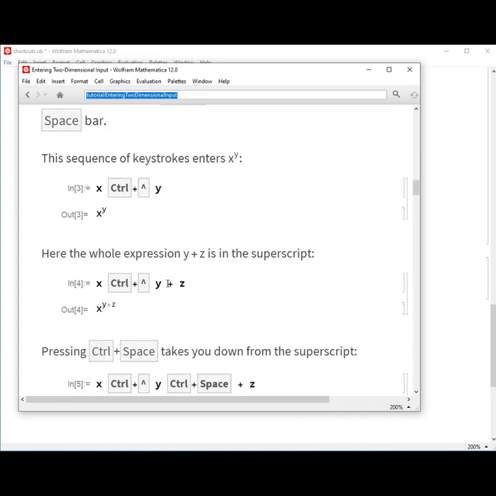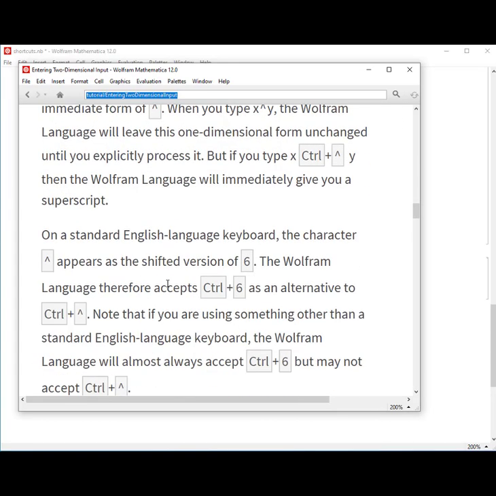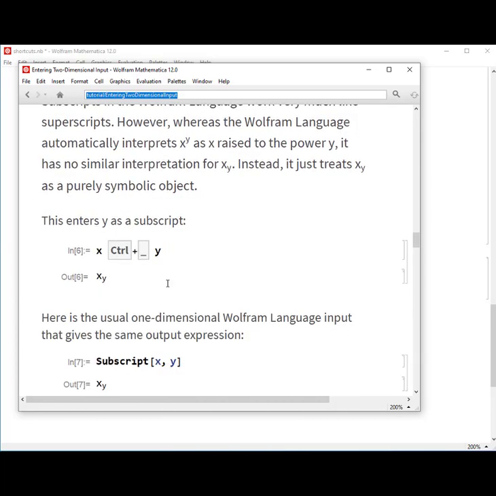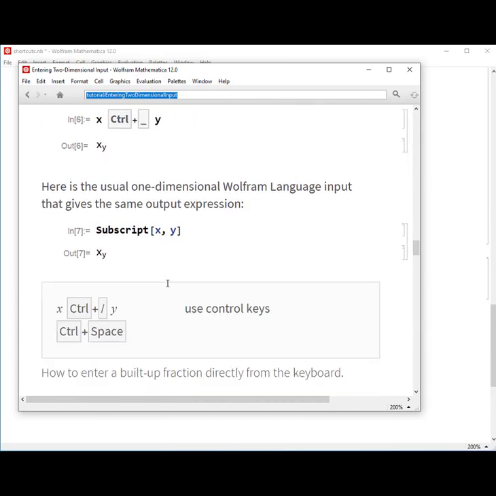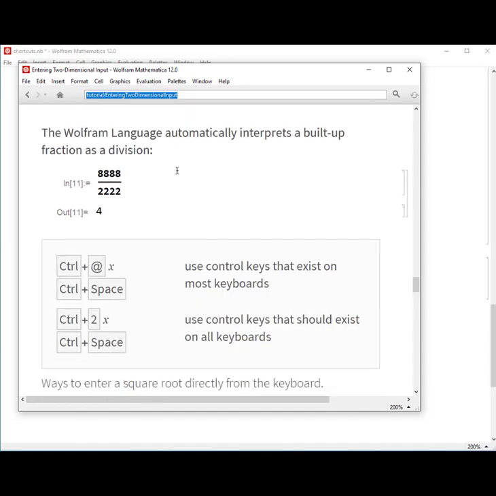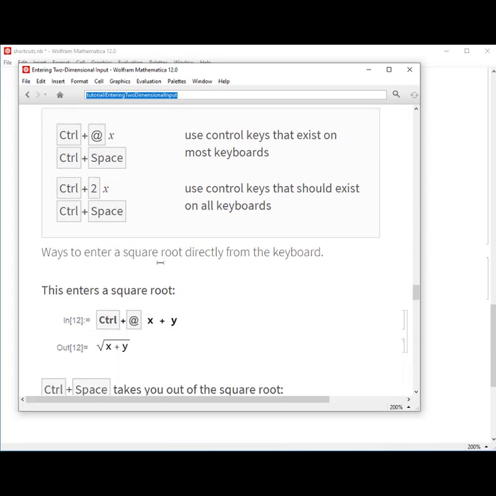If you look further down, it also shows me how to do the control sequence for fractions: x, control, and then the slash, and then the y shows me how to do that. And the control sequence for a square root, control and then at or 2.